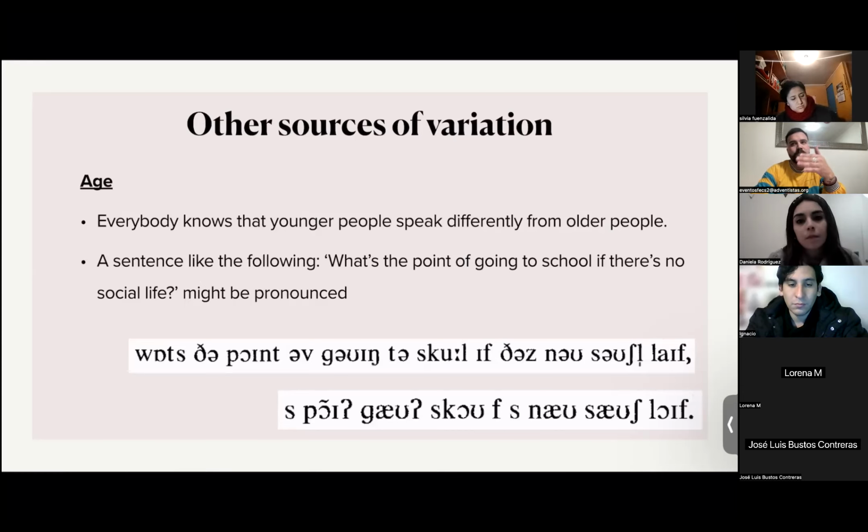Because of course, adults speak differently from how young people do, right? So let's think about Spanish. Do you think that in terms of accent pronunciation, there's a difference between older and young people?